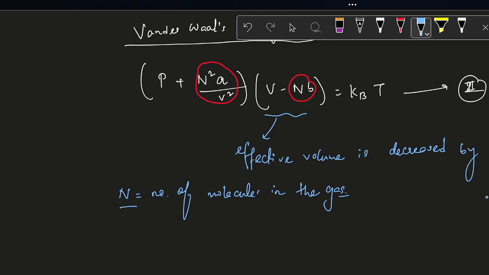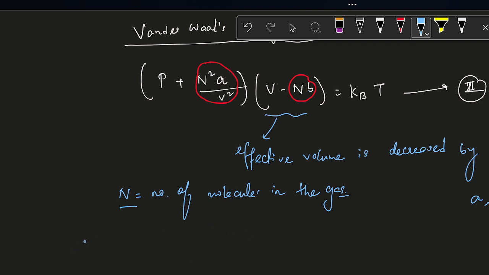Only there are two new constants, a and b, that come in as correction terms in the van der Waals equation of state, changing the ideal gas equation into the van der Waals one. The volume has the correction term involving the parameter b.